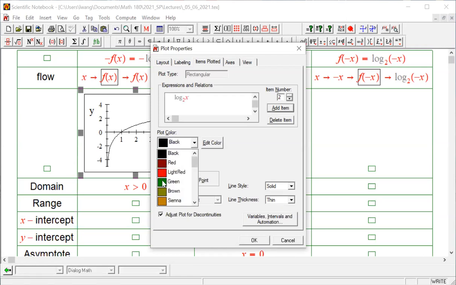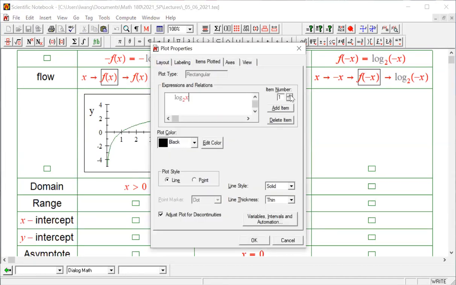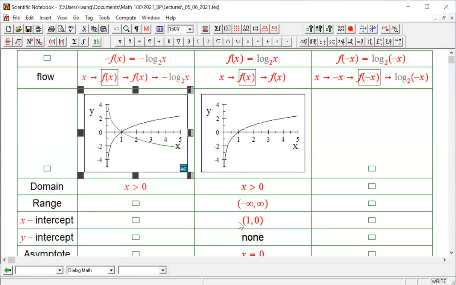And we make it red, green. Oh, what am I doing? I made a mistake. Okay, hold on. Negative. My bad. Okay, very good.